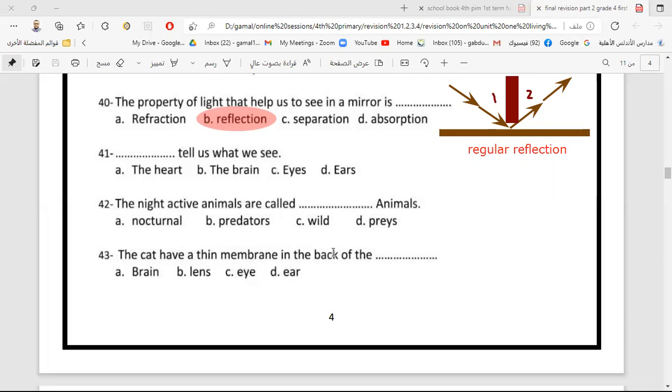Number 41. Tell us what we see. Is it the heart or the brain or the eyes or the ears? The eyes send the message to the brain and the brain tells you.